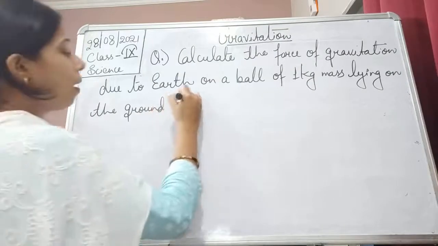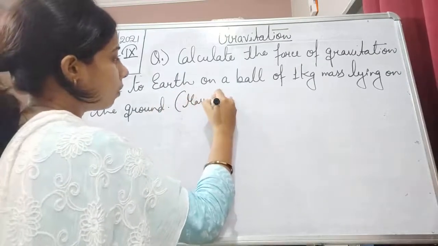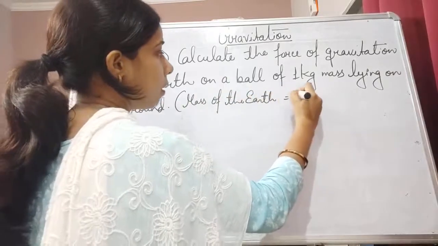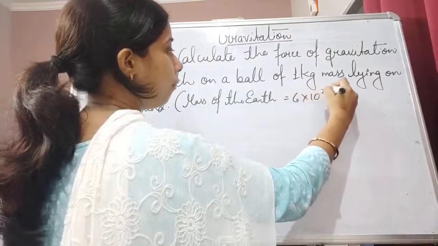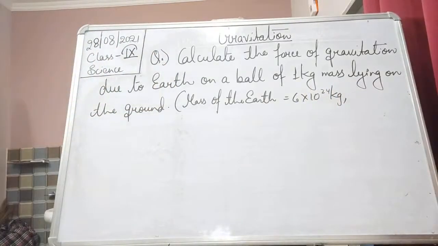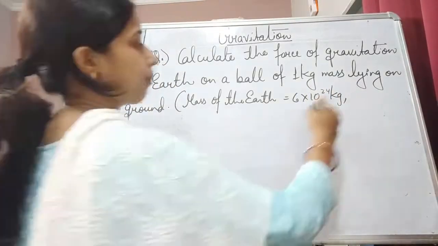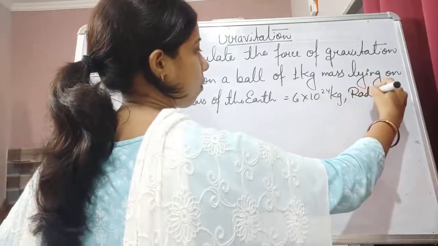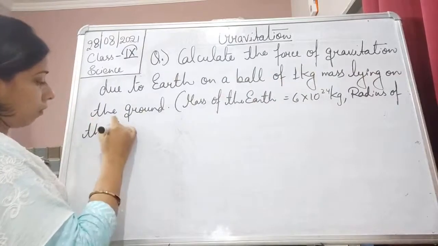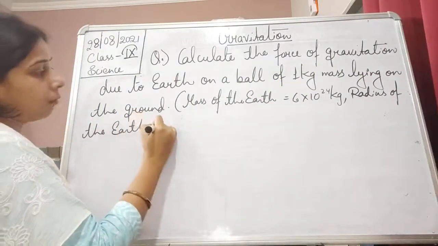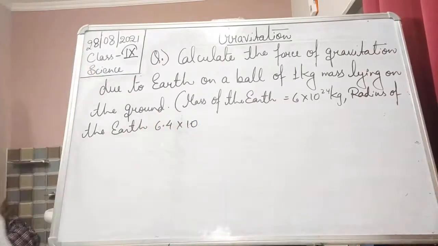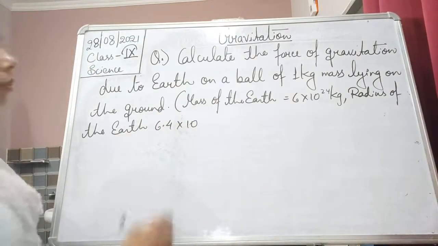Here, the mass of the earth is given, and that is 6 into 10 to the power 24 kg. Then the radius of the earth is also given, that is 6.4 into 10 to the power 3 kilometer.